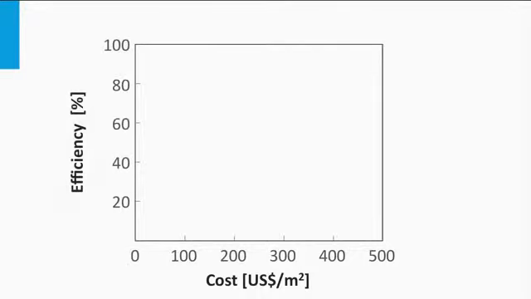The conversion efficiency is the fraction of the energy in the solar light which is converted into electricity, which is represented by the vertical axis. The efficiency scales with the energy yield of the solar cell. The larger the efficiency, the larger the generated power per area will be. This power is expressed in watts per square meters.